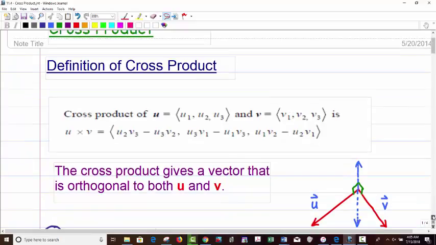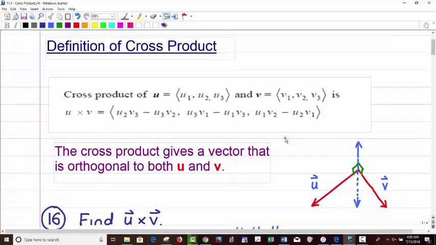So let's take a look at how we get this cross product. It's a matter of using this formula right here. You have two vectors u and v. The dot symbol is for the dot product, and the x symbol that you sometimes use for multiplication is now the cross product notation.